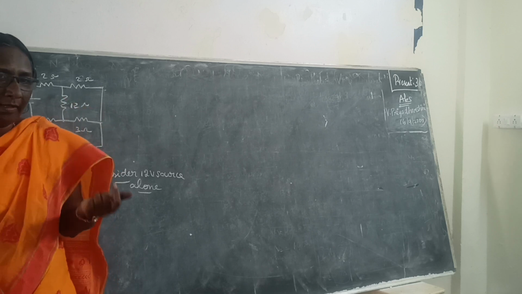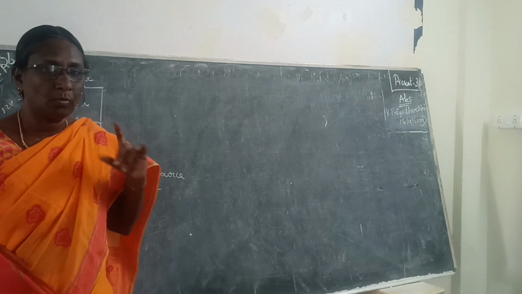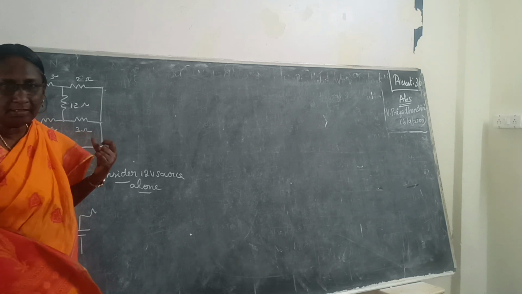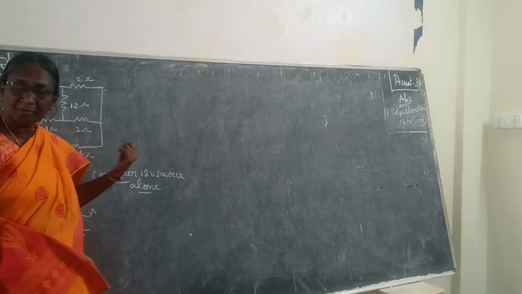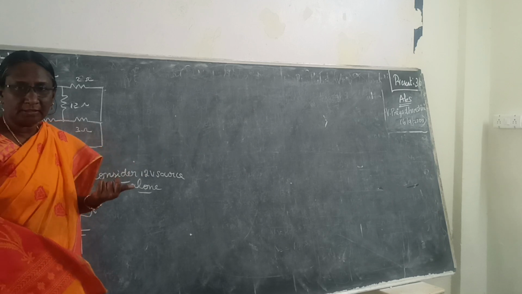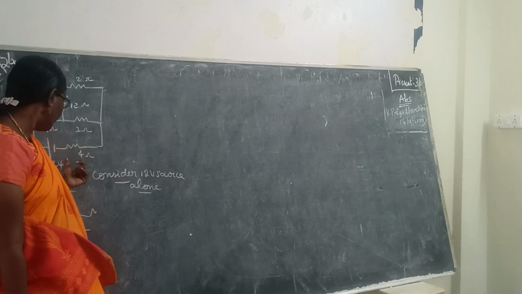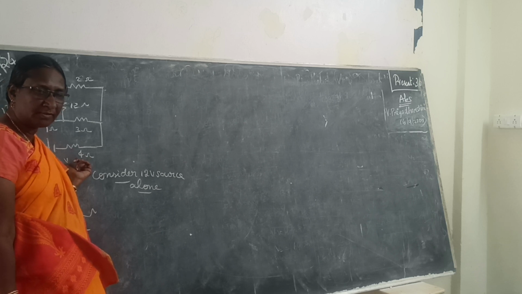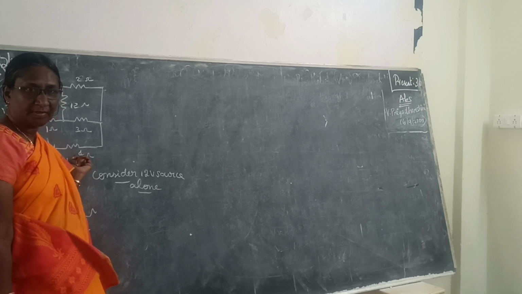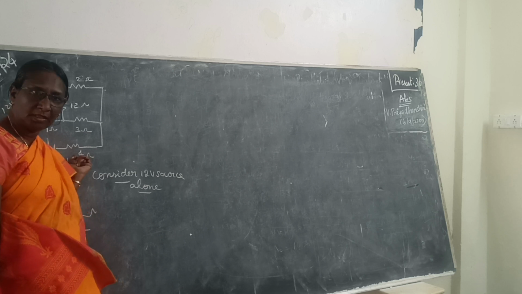So the theorem states that using one source and keeping the other source inactive, inactive means its value becomes 0. So under what condition will this become 0, open or short circuit?